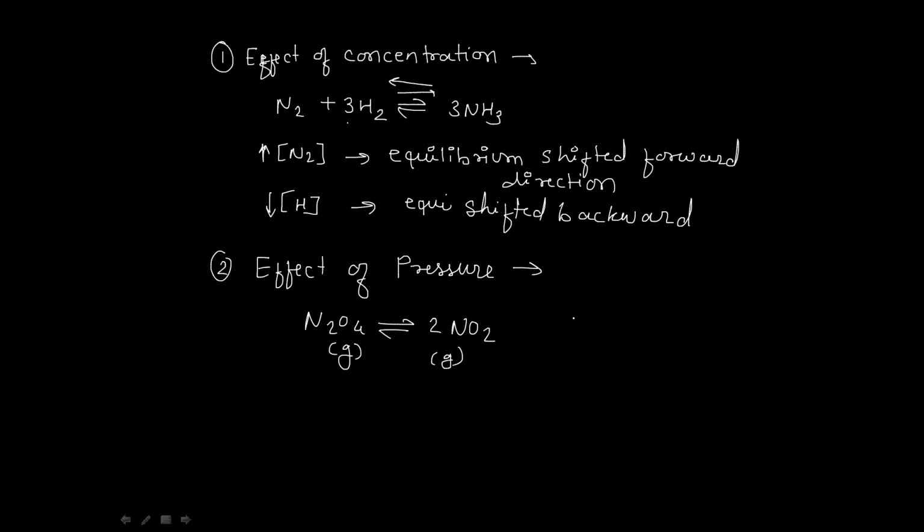If you increase the pressure, suppose I take two beakers attached to each other, and the gas is present in one beaker, and in the next beaker less gas is present. If you apply a piston here, what will happen? As you apply pressure here, the gas will transfer to the other side where the amount of gas is less.